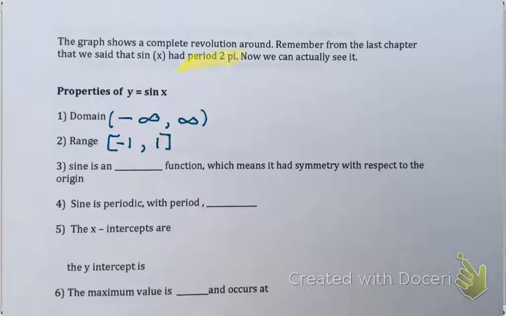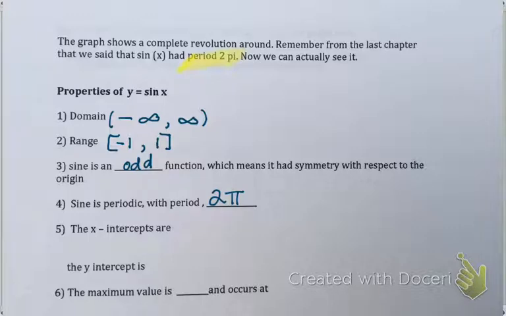Sine, and we're going to learn about even and odd functions in a little bit, sine is odd, which means it has symmetry with respect to the origin. Sine is also periodic with a period of 2 pi, and we just saw that. Remember that that means that the graph of sine repeats every 2 pi units. The x-intercepts, that means where does it touch the x-axis?